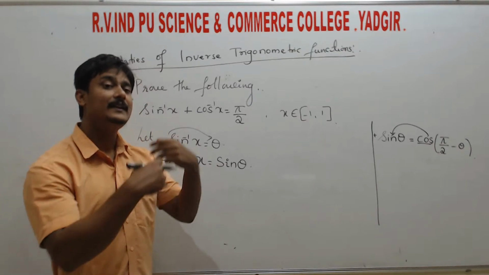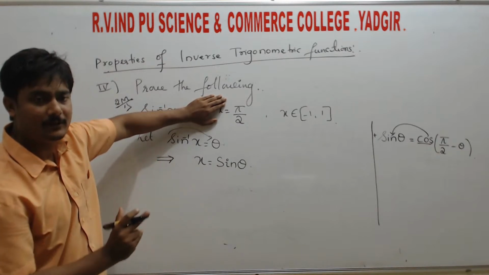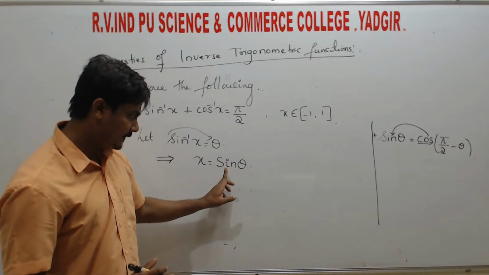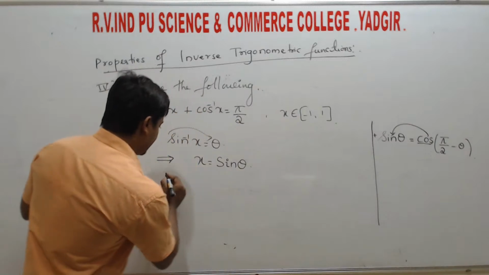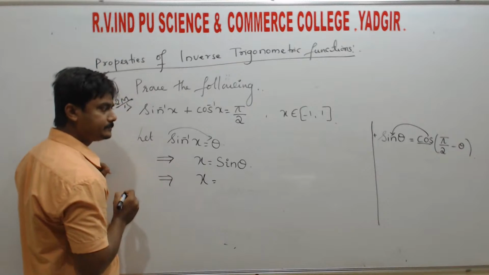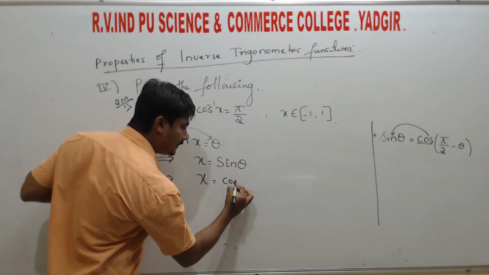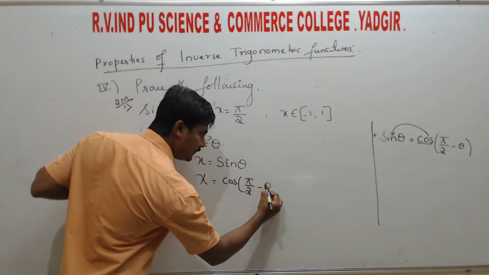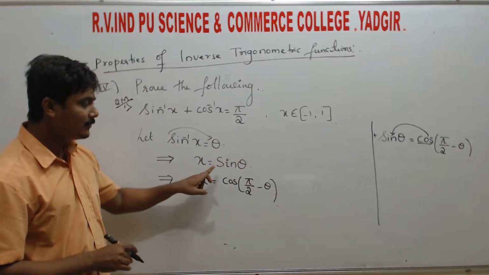Since I want the answer in terms of cos inverse, I will apply the formula such that I will express this sin theta in terms of cos theta. Okay. So further, observe very carefully. x is equal to, okay, so sin theta can be written as cos of 90 minus theta. These two are co-functions.